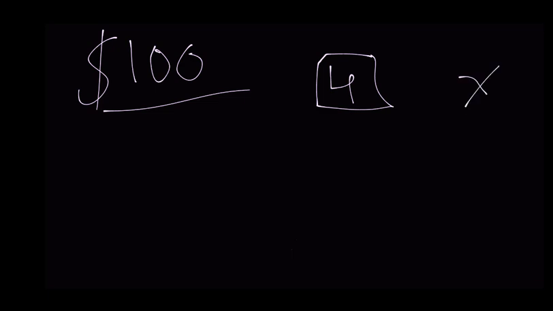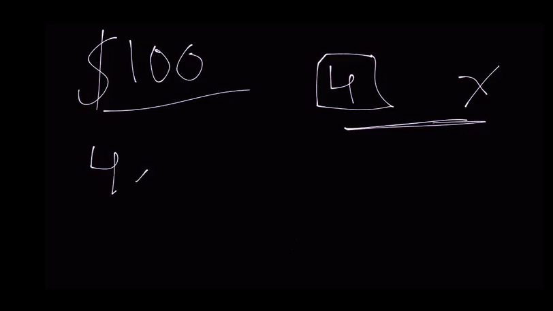And you have 4 friends, and you don't know how much to split it by. Since we don't know how much we split it by, we can call that x. And there's 4 friends, so we multiply these.